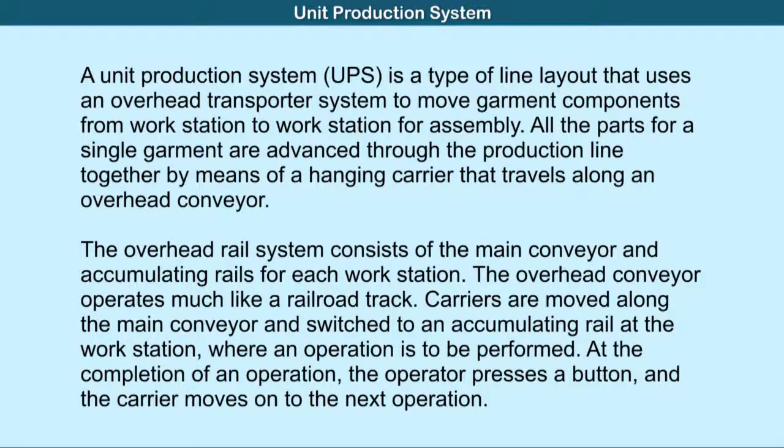The next production system is unit production system. A unit production system is a type of line layout that uses an overhead transporter system to move garment components from workstation to workstation for assembly.